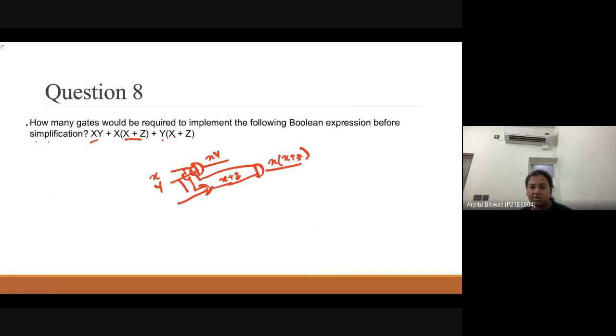So here you can take, this will be the y into x plus z. Now this is plus, an OR gate. So a three input OR gate.